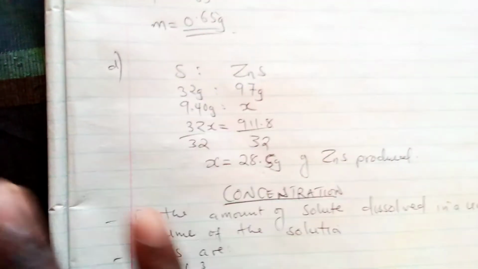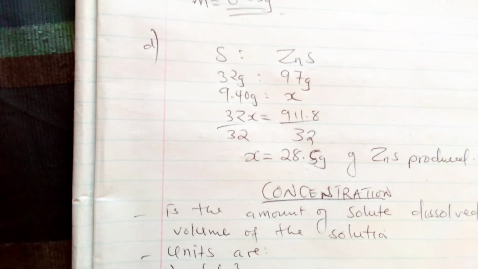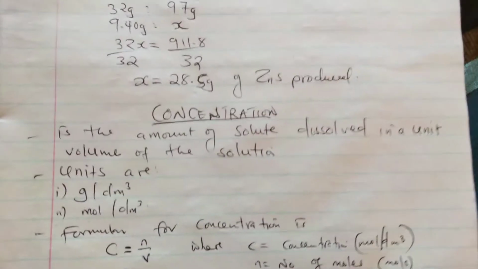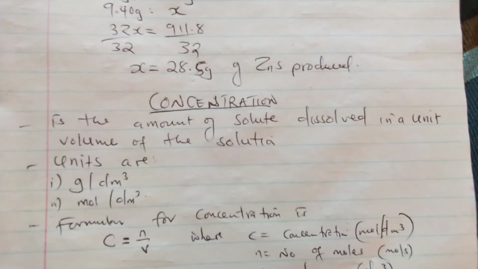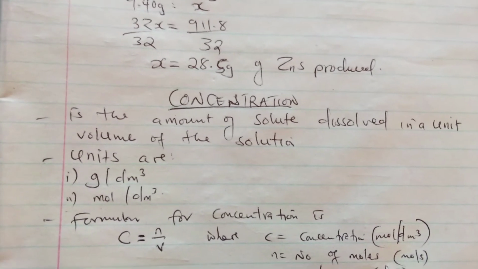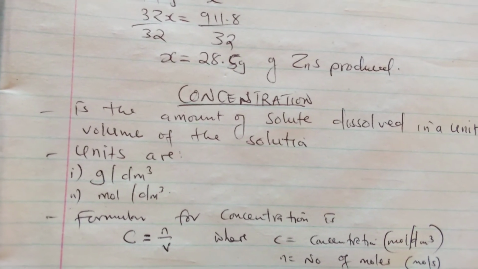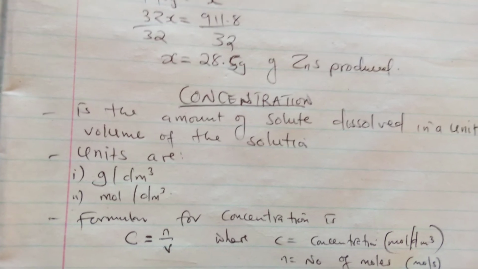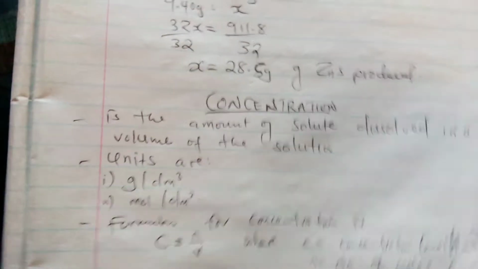So this is how we find the limiting reagent. Remember, if a question is given in moles, it's even easier, because you go straight to the number of moles and find which one has fewer moles. It's the one which is in short supply. So let's go to concentration.